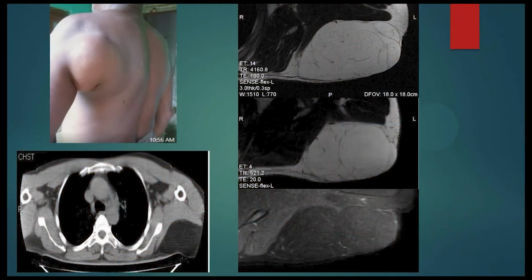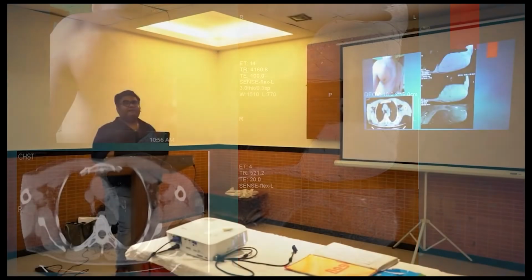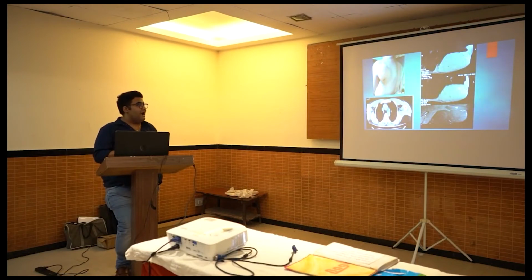When we measured the Hounsfield density of this lesion, it was coming as fat density. We knew it was fat, but still we went ahead with the MRI images. On T1 it was bright, on T2 it was bright, but when we did the STIR images, the fat got suppressed because we're suppressing the fat signal. So this was a lipoma.